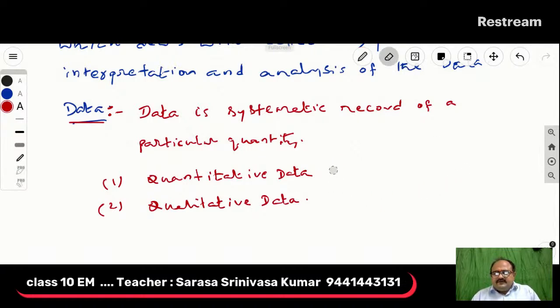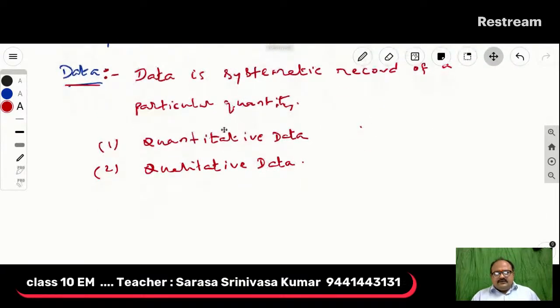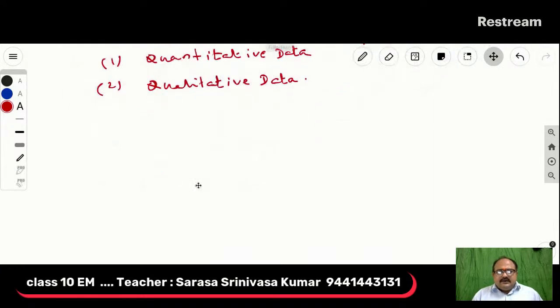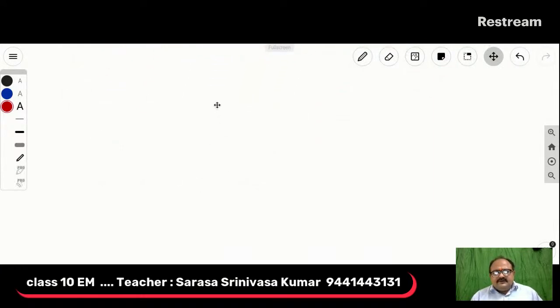Let us discuss data. Data is broadly classified into two types. The first one is primary data and the second is secondary data.